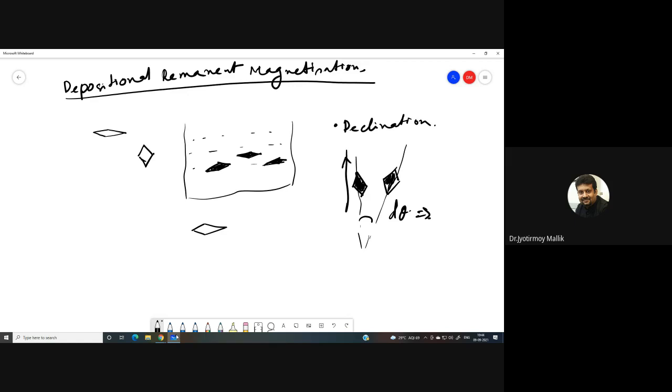This is the angle between the horizontal and the magnetization, or the physical orientation of this grain in this particular case. Now, this is supposed to be horizontal at the equator, but I have my mechanical force trying to do something with this grain as well, and that deposited it at an angle. So it makes an angle d phi or d theta, whatever. And this is what we call inclination error.